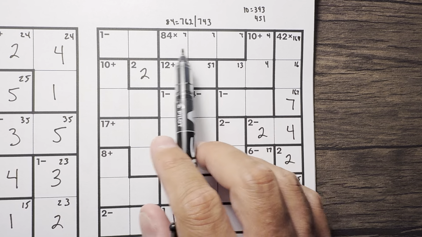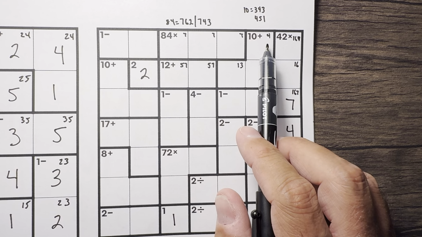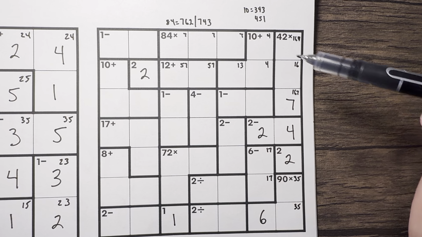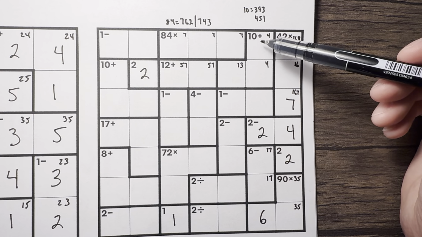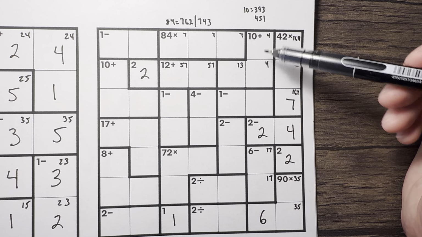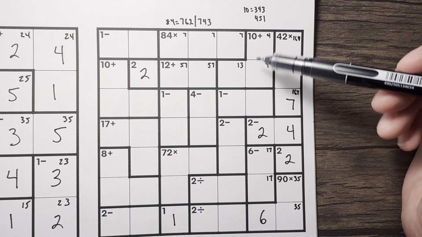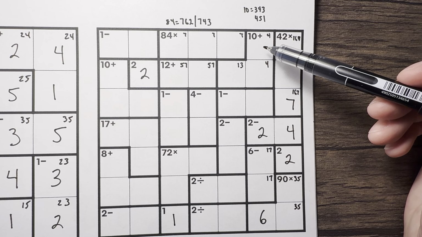If it's 7, 4, 3, the 3, 4, 3 breaks. 5, 4, 1 still works. This would be a 5, 7, 4, 3, 5.